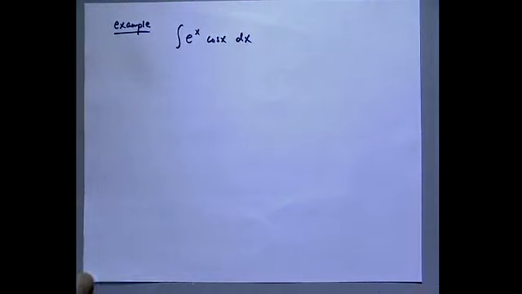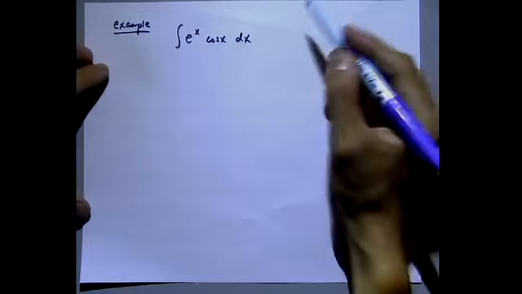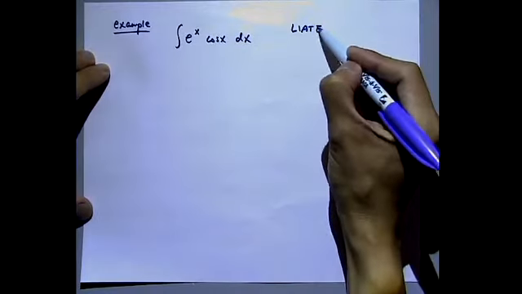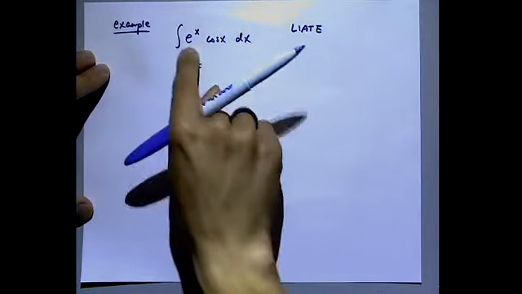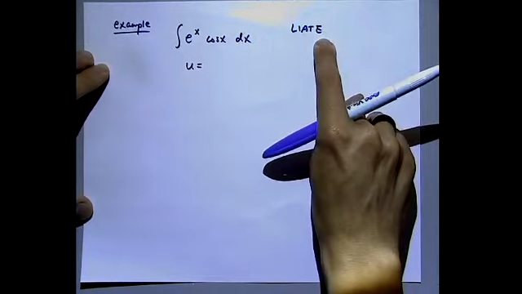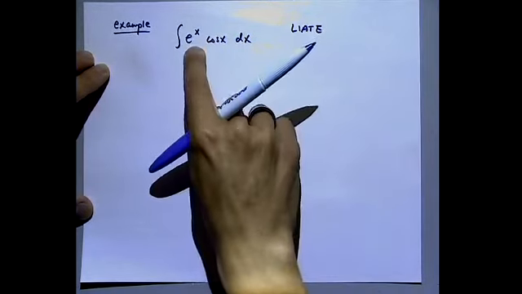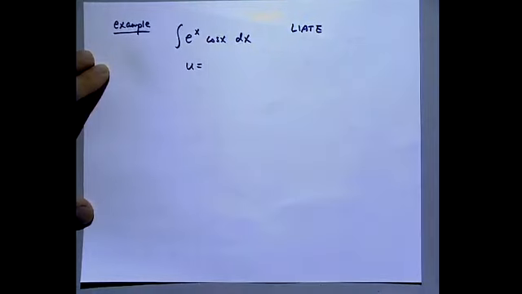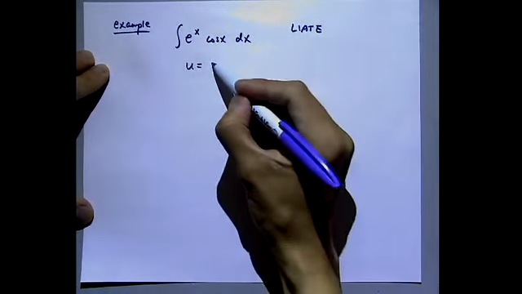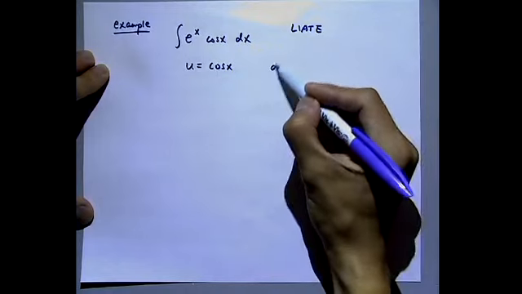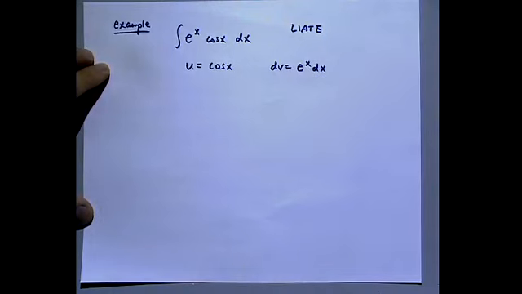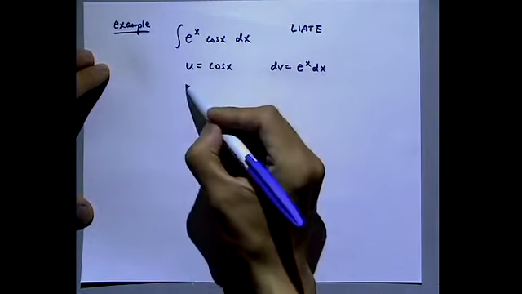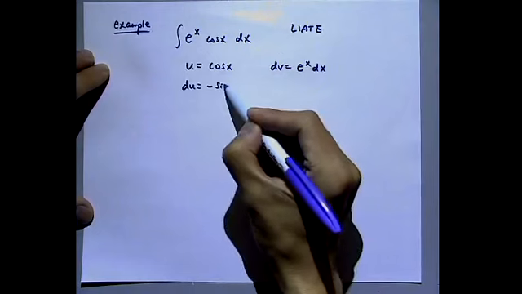So here I changed the function to e to the x times cosine of x. We go through our progression again. Remember, exponential is always your last choice. When you see exponential, avoid it and choose whatever else comes after it or before it to be u. Then we go through the usual steps.